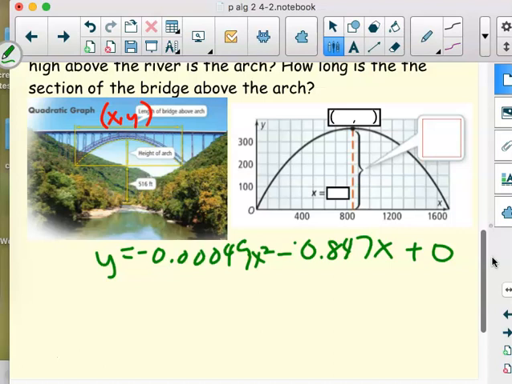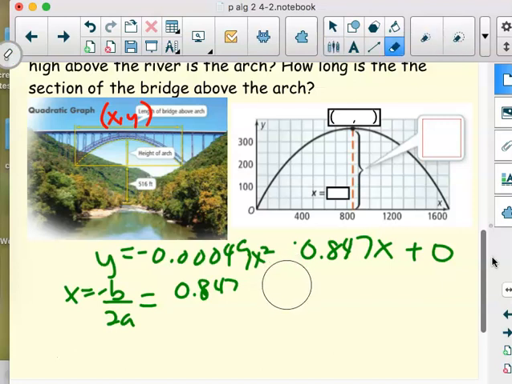Alrighty, so I'm going to find the vertex. X equals negative b over 2a. And again, not too pleased about the numbers here, but we do know that b is 0.847. And it is negative because it had the subtraction. Wait a second, no, it was positive. That's what my 1 was over here. It was my plus that was missing. There we go.